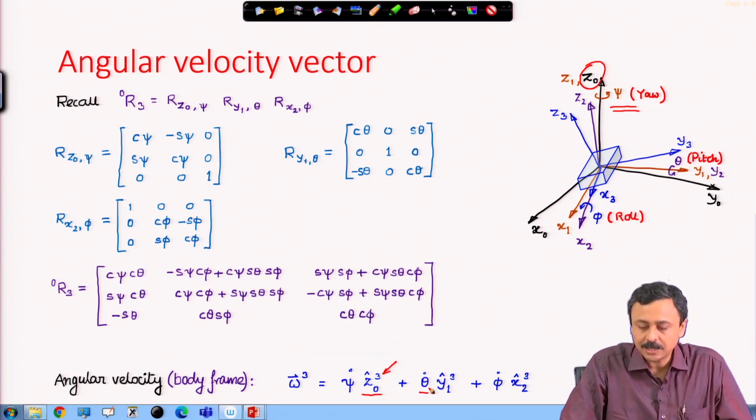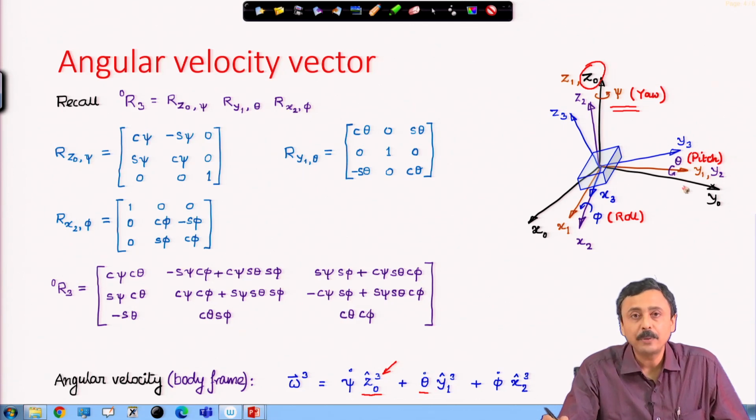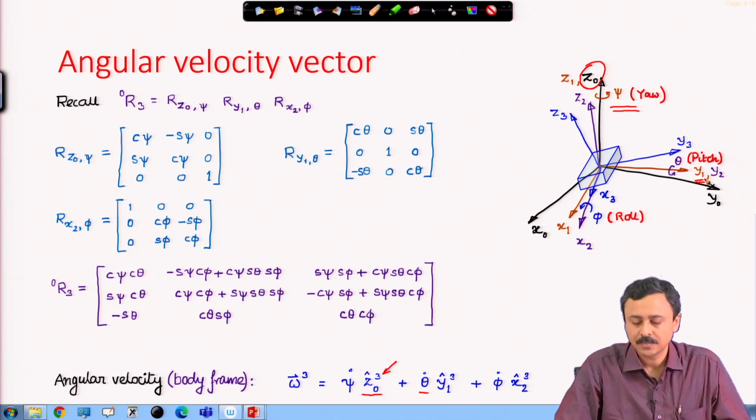Similarly, theta dot, which is the pitching rate, which is about y 1, but now represented in x 3 y 3 z 3.